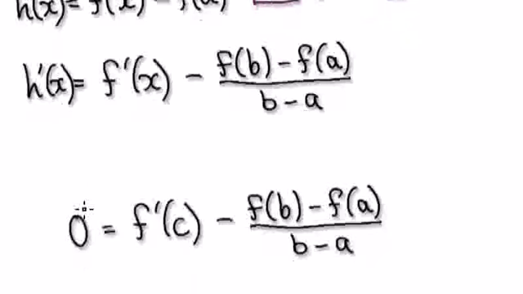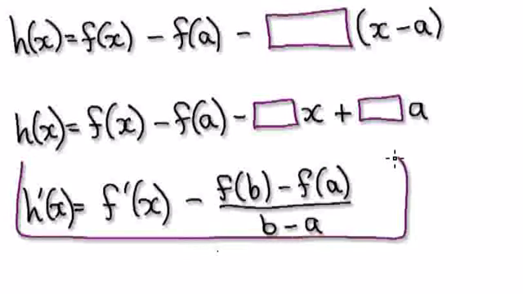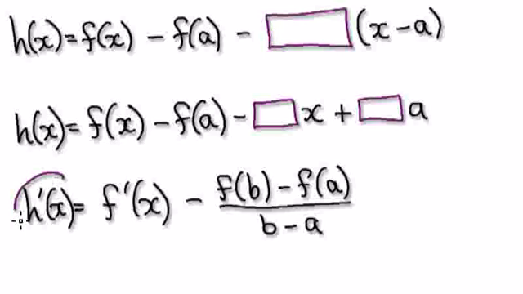That will then give us this. So this represents the gradient of h of x. Now you know somewhere in between, the first derivative of h of x must be 0.